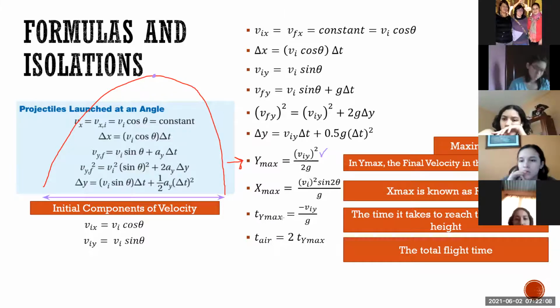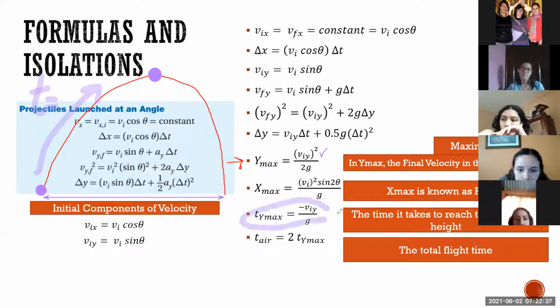Now, t y max is the time it takes for the object to reach the maximum height. So, imagine that it says that a ball is being thrown from here to the highest point, and then they are asking you, how much time did it take to reach the highest point?